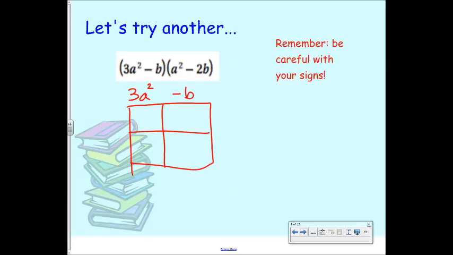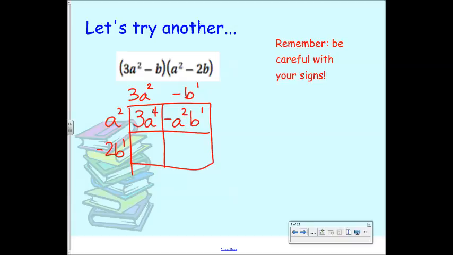Okay, now, what's this box going to give me? 3a4. What's this box going to give me? Negative a2 b1. What's this box going to give me? 6 a2 b1.